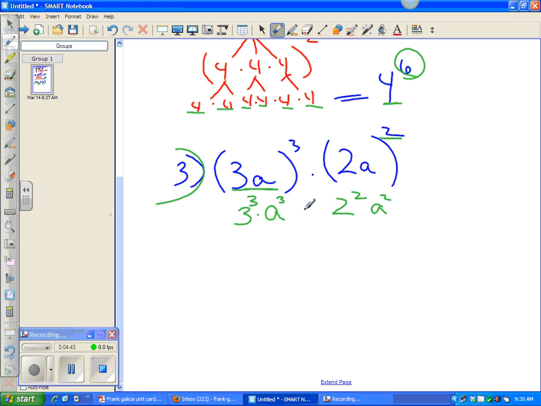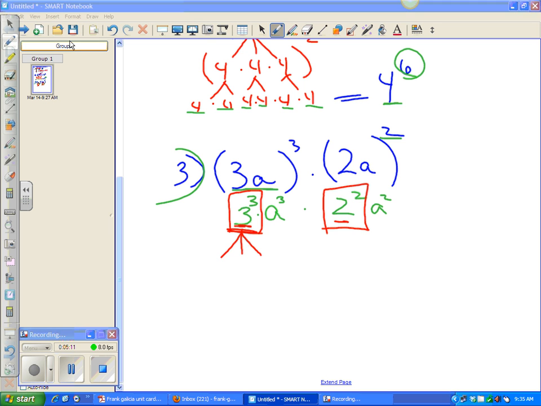So my question to you is, can I combine this number that is raised to the 3rd and this number raised to the 2nd? Your answer should be no. I can't just add the exponents because the base, notice the base, 3 and 2, is different. So the only thing I could really do is break this up into its components, which is, in this case, 3 times 3 times 3 times 2 times 2.